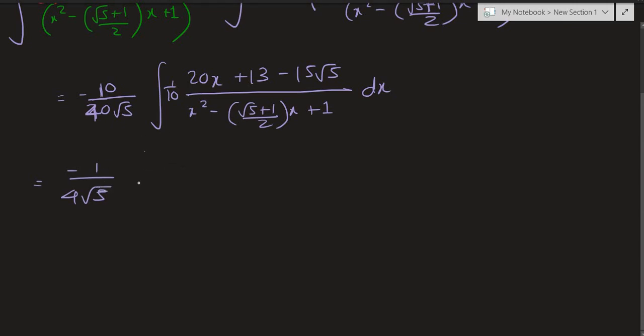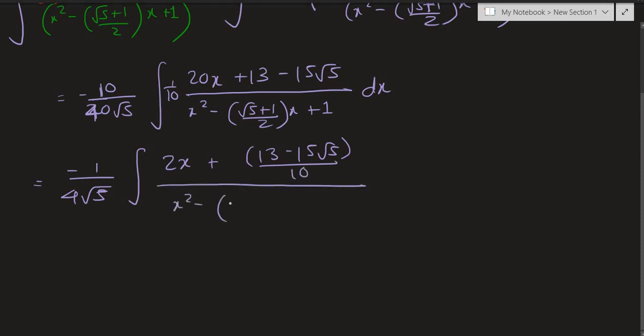times the integral of 2x plus 13 minus 15 root 5 by 10 because of that, divided by x squared minus root 5 plus 1 by 2 x plus 1 dx.